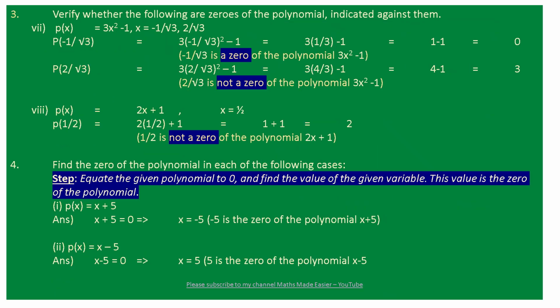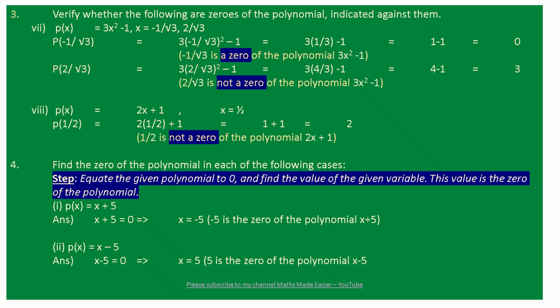This sum where the polynomial is 3x minus 1, where x is equal to minus 1 by root 3 and 2 by root 3. Let's look into this particular problem. The value of minus 1 by root 3 happens to be a 0 of the polynomial. Why? If you replace minus 1 by root 3 onto the value of the variable as given in the polynomial, it will give rise to the value 0.